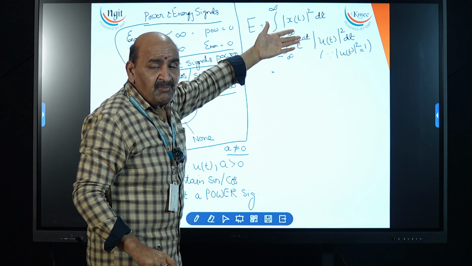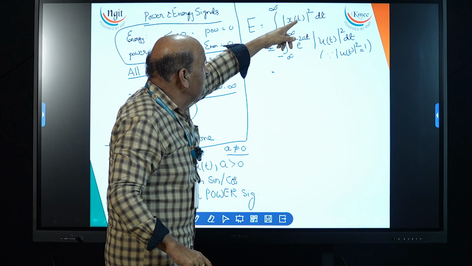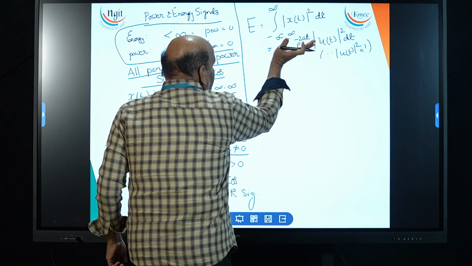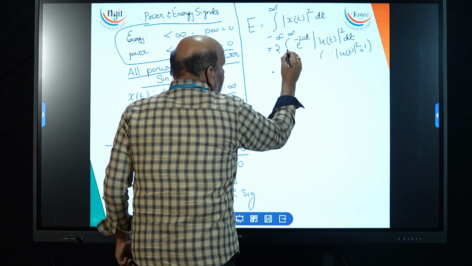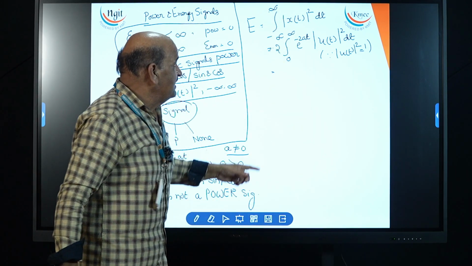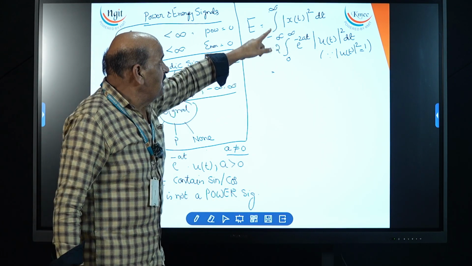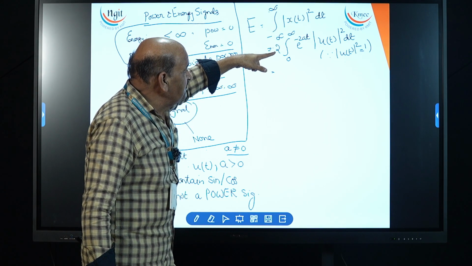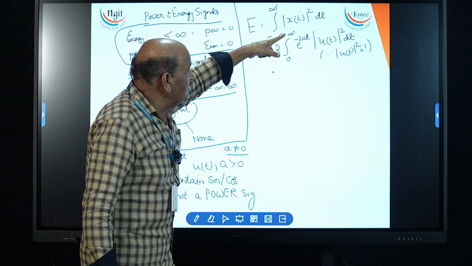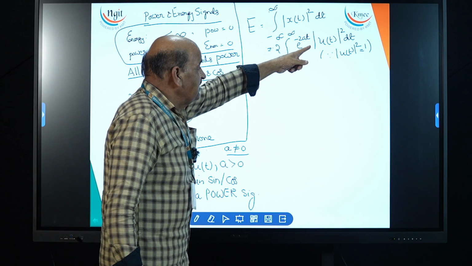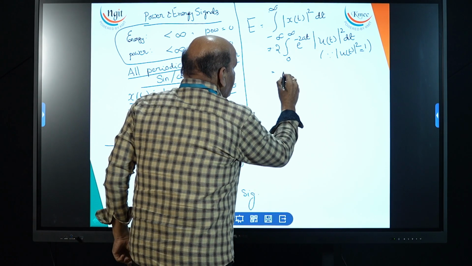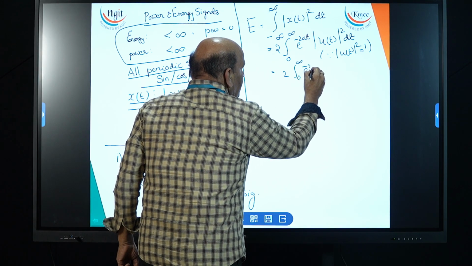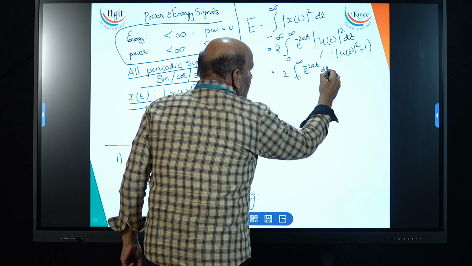In integration problems, if the inner function is even, then the limits minus infinity to infinity can be written as 2 times the integral from 0 to infinity. This step is very important in integration. Since the unit step function squared equals 1, the remaining step is the integral from 0 to infinity of e power minus 2at dt.